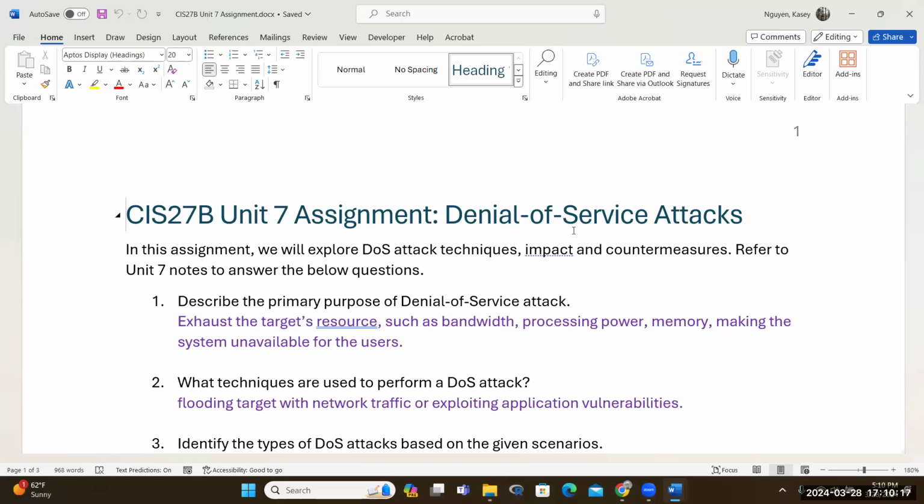The purpose of it is to exhaust the target's resources, whether it is web service, data, downloads, etc. Sometimes it could be bandwidth on the network. So basically they would flood your bandwidth, making your network very, very busy, so that none of your systems can be connected or have any kind of throughput.